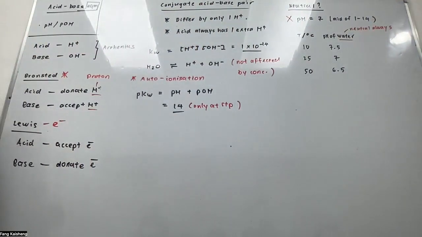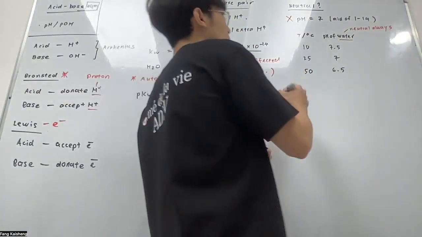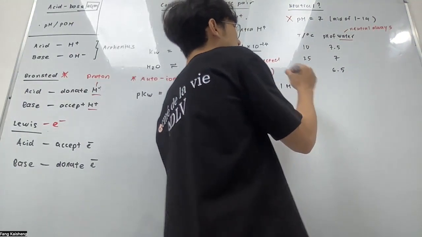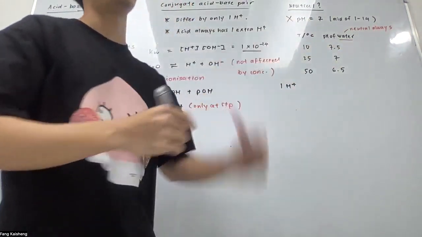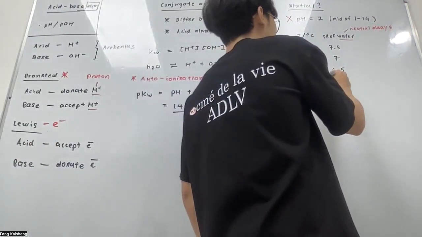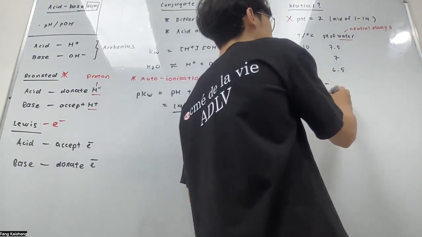Is there another idea towards neutrality? For example, if I have 1 H+, how much OH- do I need to neutralize the H+? You need one OH-. If I have 4 H+, how many OH- do I need? You get the idea.